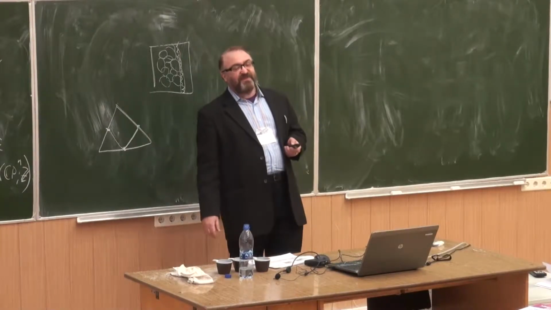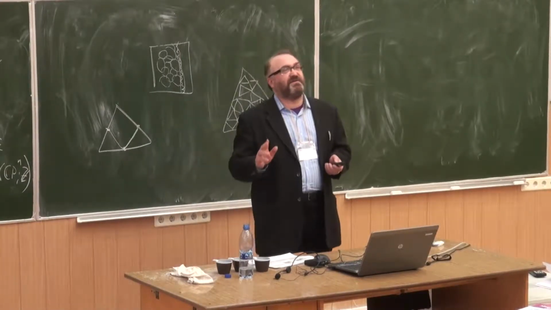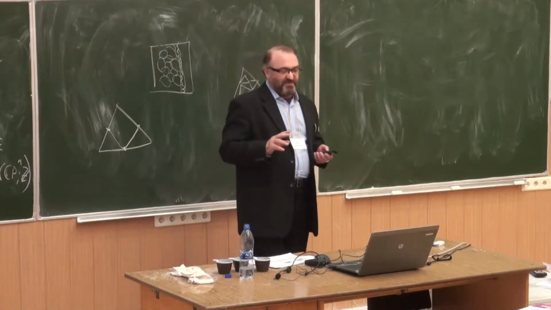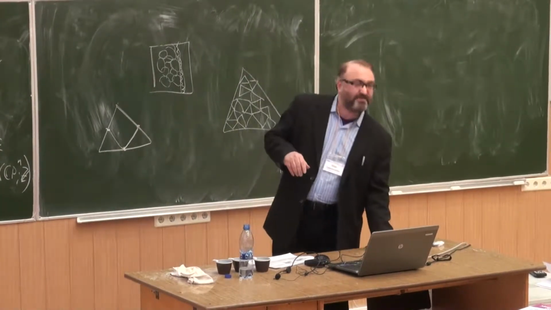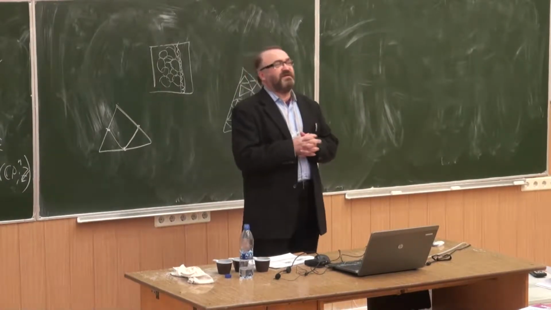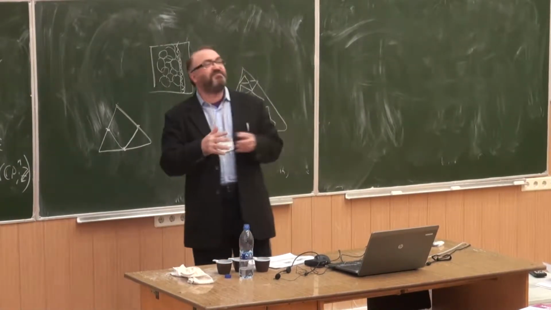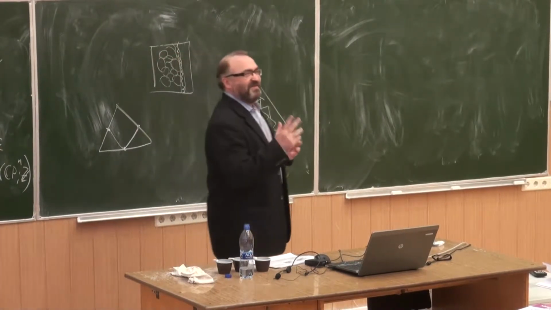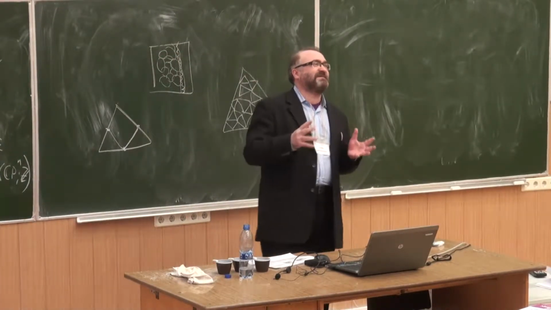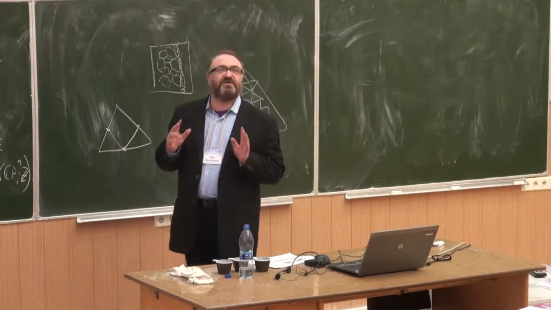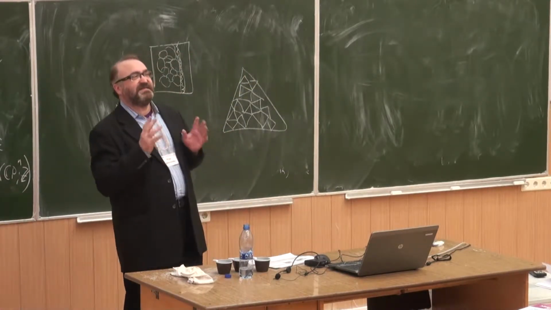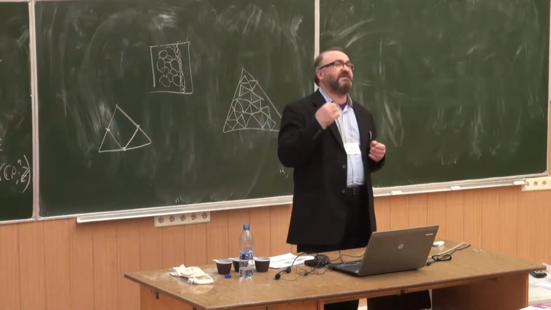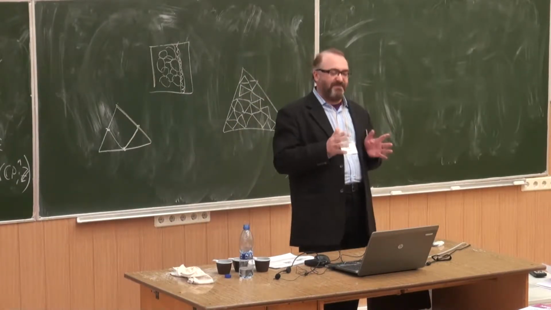But in a triangulation, no multiple edges are allowed. I explain why. Because in topological graph theory, we want all our objects to be simplicial complexes. But you remember the definition of a simplicial complex. The intersection of any two simplices must be either empty or a simplex of smaller dimension.